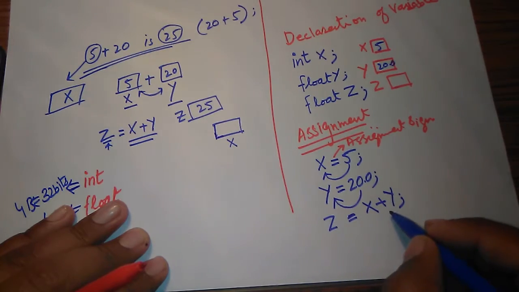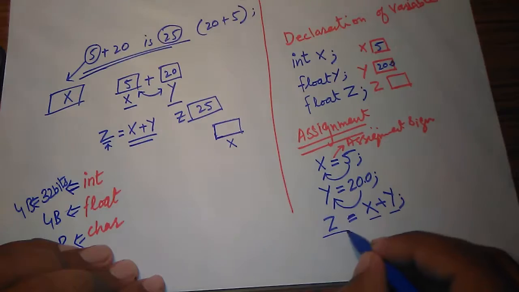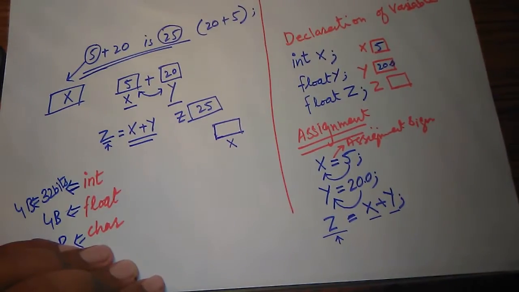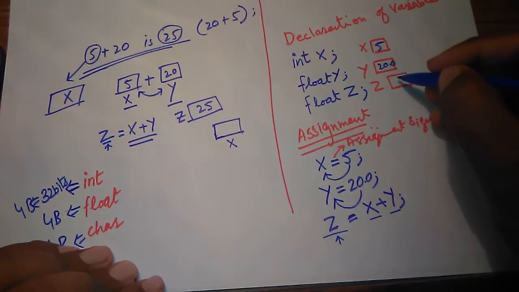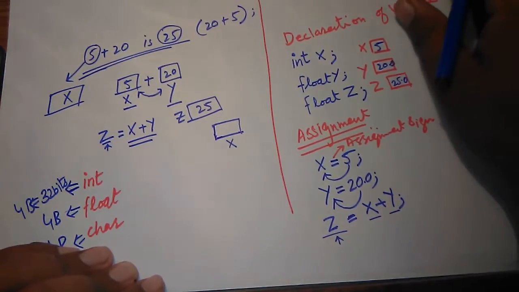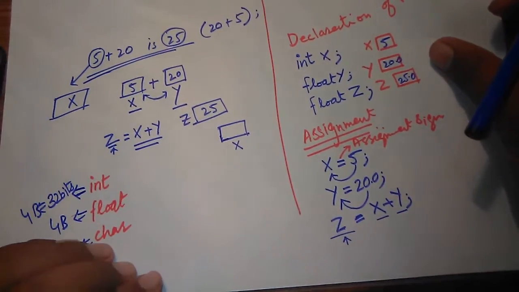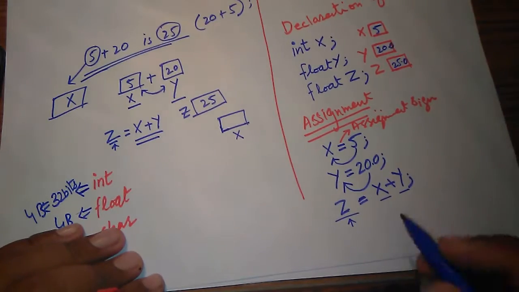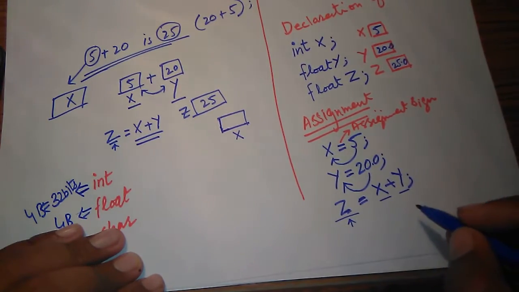This will add these two things, x and y, and put the result in z, and the result in z will be 25.0. I am going to tell you one more thing, how I will get the result of this z.